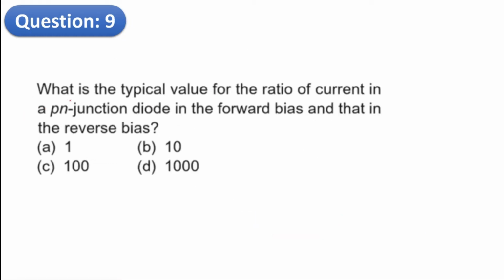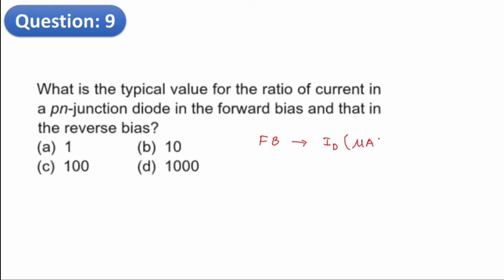Okay, now question number 9. What is the typical value for the ratio of current in a PN junction diode in the forward bias and that in the reverse bias? So the idea is, in the forward bias, the unit of current ID is microampere.